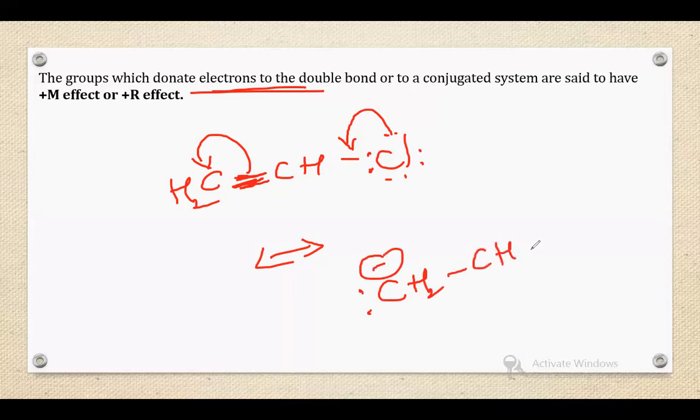Then the carbon attached to chlorine will form a double bond with chlorine, which carries the positive charge, as the pair of electrons is shifted. Out of these electrons, I'll write the six electrons. This is example 2.